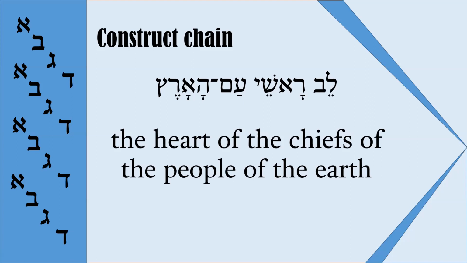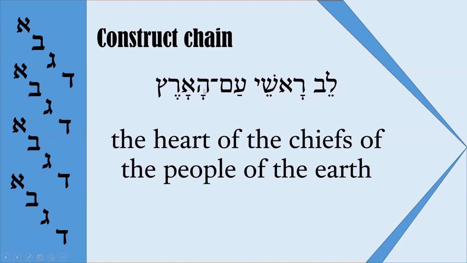So it is correct. Grammatically, it is correct. Because we cannot have an article before the construct noun, construct nouns. So Lev is construct, the heart. Rosh, Rosha is construct. Am is construct. So we cannot put article anywhere here.